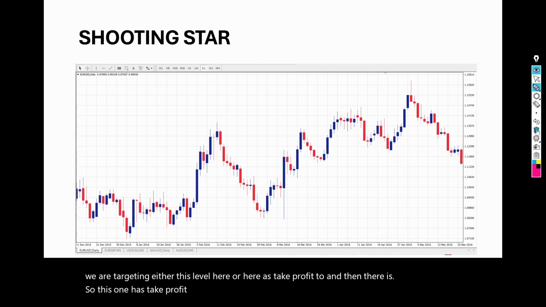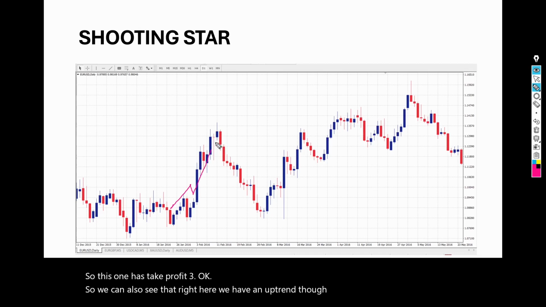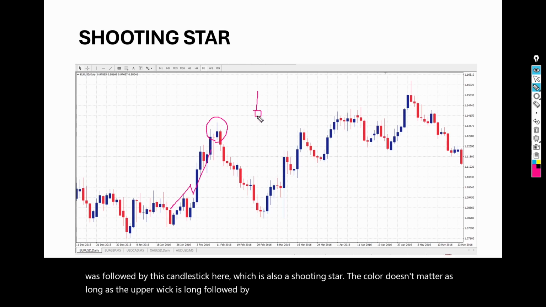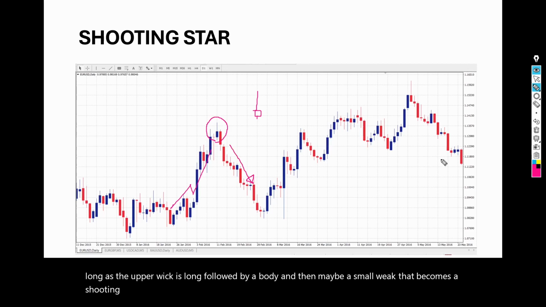Okay. So we can also see that right here we have an uptrend, though it was so much parabolic, and it was followed by this candlestick here, which is also a shooting star. The color doesn't matter as long as the upper wick is long, followed by a body, and then maybe a small wick, that becomes a shooting star, and then we got this wave down. So we are waiting for a big bearish candle.